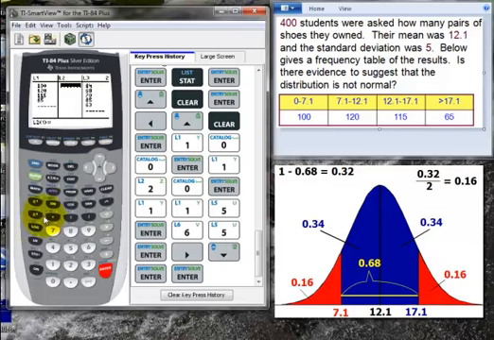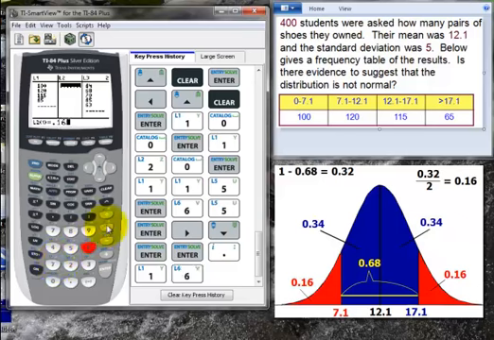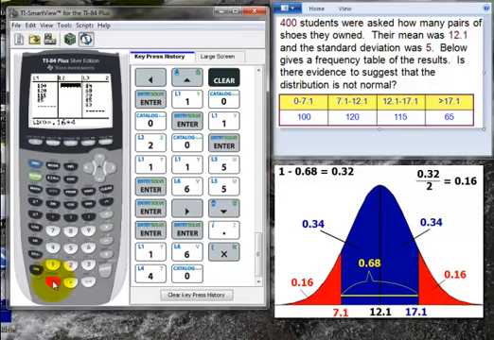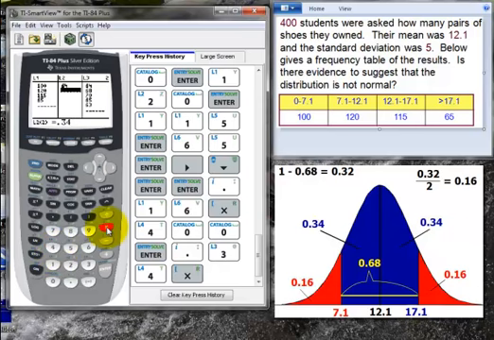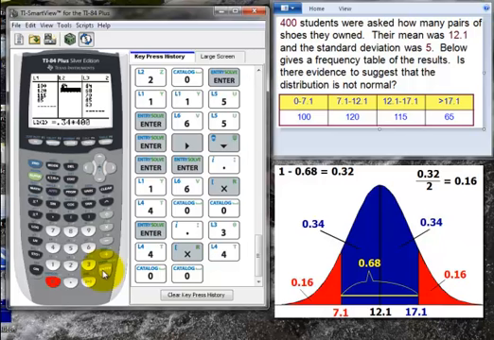So now I'm ready. I can type in 0.16, that's 16%, times 400. And I get 64. Remember, we had 34% that should be in between 7.1 and 12.1. So that's 0.34 times 400. Enter. And I get 136.